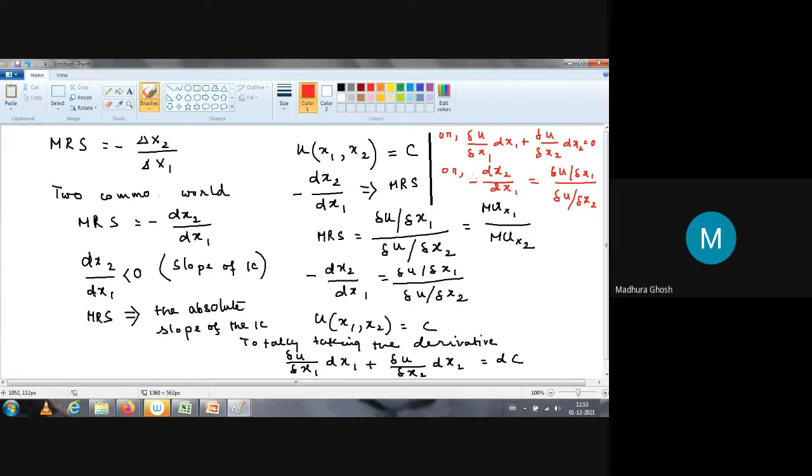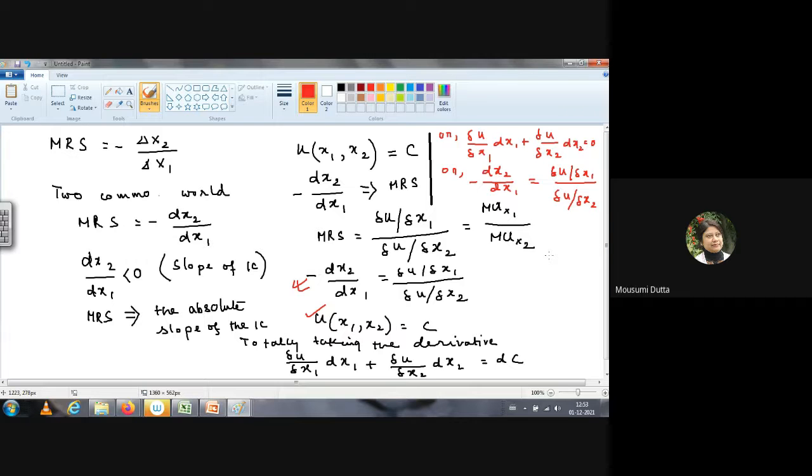So in this way, starting from the equation of the indifference curve, we can derive the slope of the indifference curve. This equation is the starting point. Totally taking derivative, we get del u by del x1 into dx1, etc. Then c is an arbitrary positive constant, so the right hand side will be equal to 0.